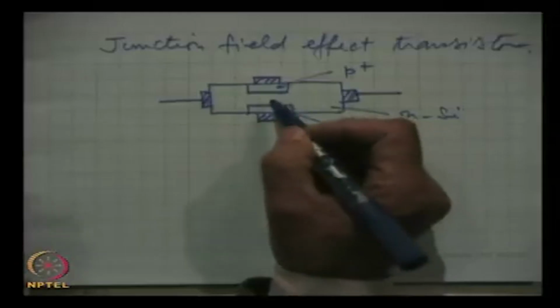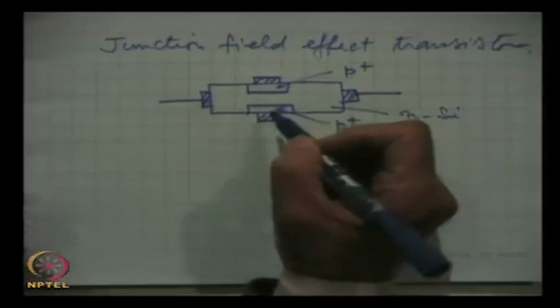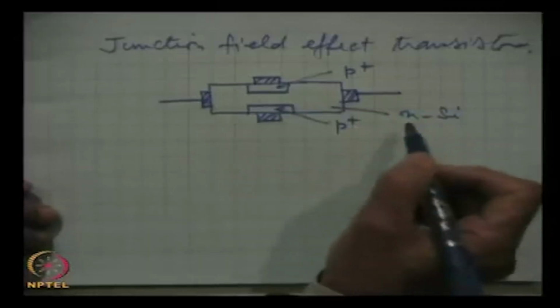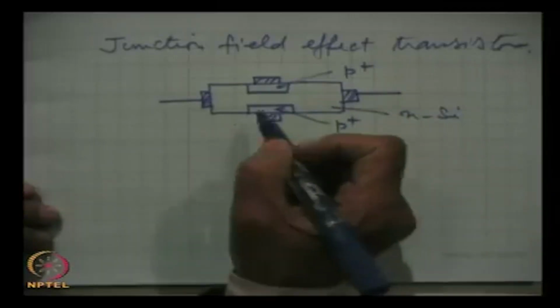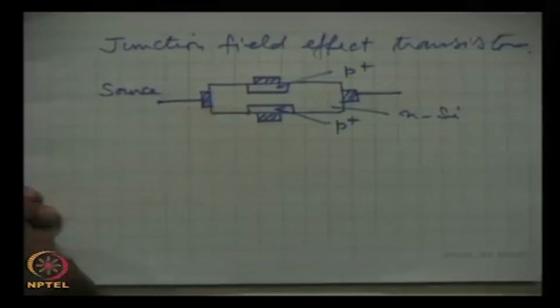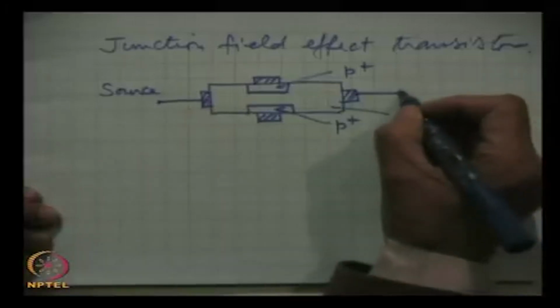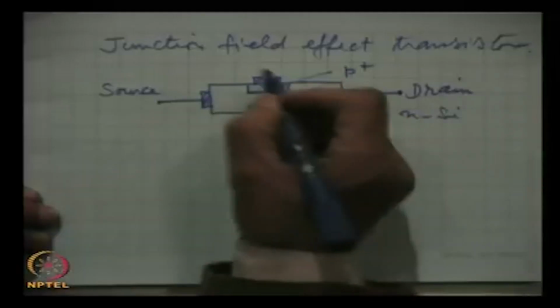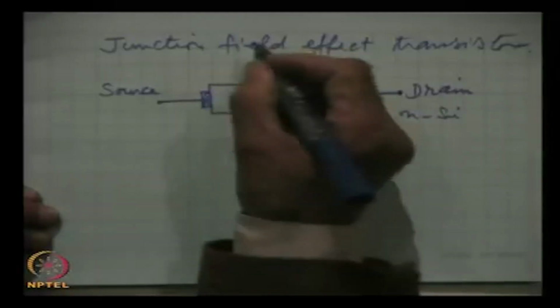The two p type regions formed on the two sides of the small crystal of n type silicon are shorted internally. Now what are these called? This electrode is called source, this is called drain, and this one is called gate.